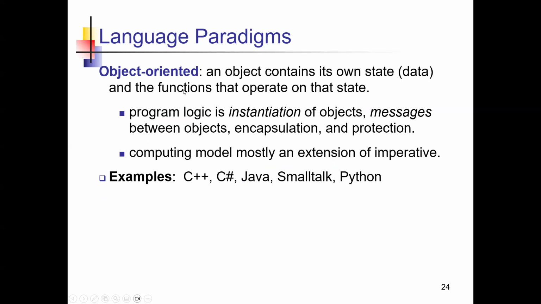Then we may discuss the object-oriented concept, which is an object containing its own state, and also functions that operate on that state. So here we may have something called a class. A class can represent an entity, for example, student, vehicle, any table, any entity. Let's say a student now. We say state data.